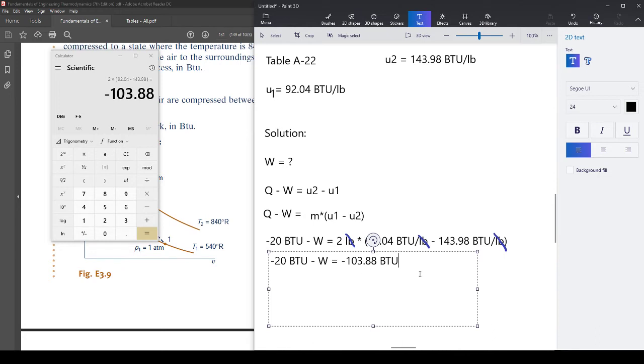So add 20. Let me see. So then we have negative work is equal to, and this should be what, 83? Negative 83, sorry, 0.88. Hopefully I'm correct about that. Yep, 83.88.